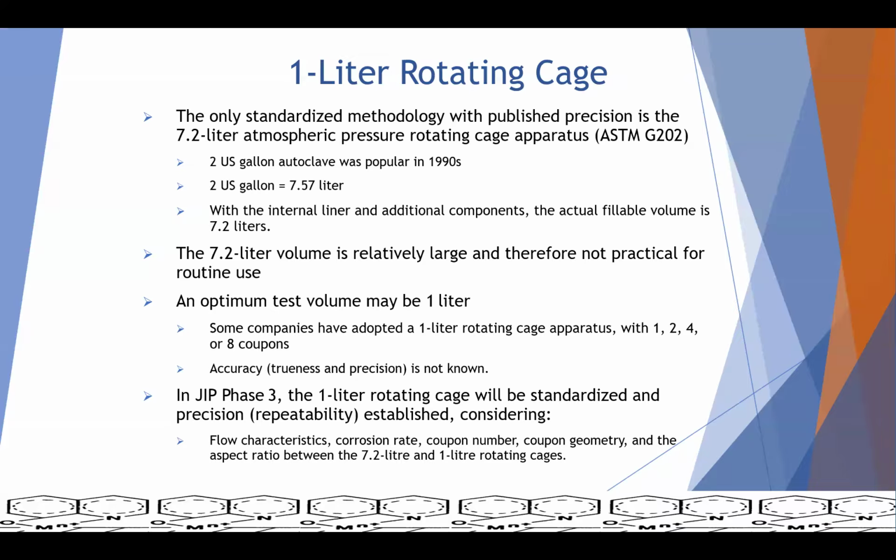In phase 3, we will establish the flow characteristics, corrosion rate variation, how the number of coupons affects the corrosion rate as well as inhibitor performance, and how the coupon geometry will affect it.